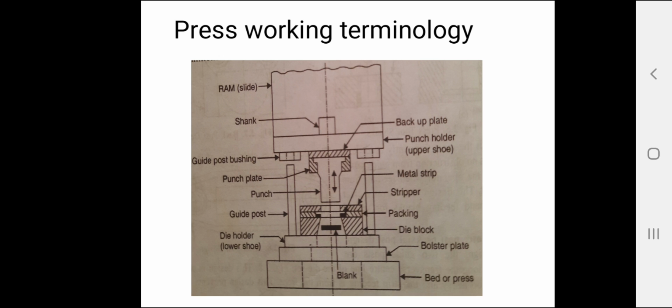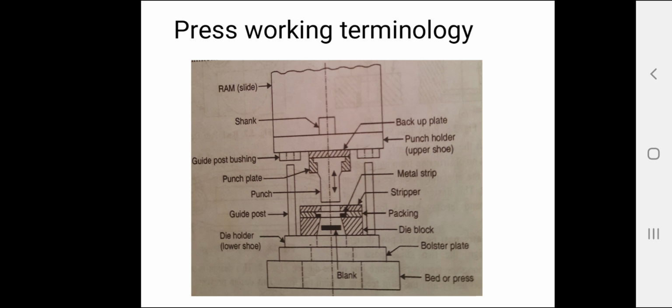The die may be defined as the female part of the complete tool for producing work in a press. It is also referred to as the complete tool consisting of a pair of mating members for producing work in a press. Then the die block. It is a block or plate which contains a die cavity. The lower shoe is a die holder.